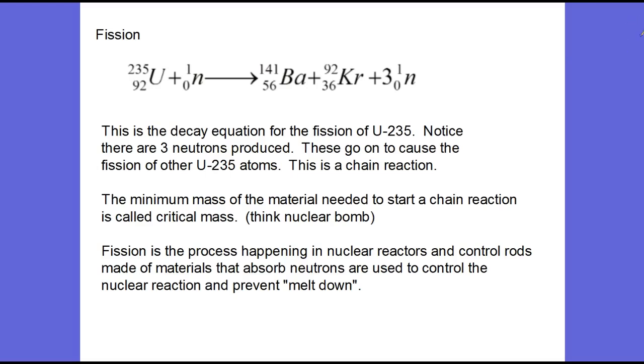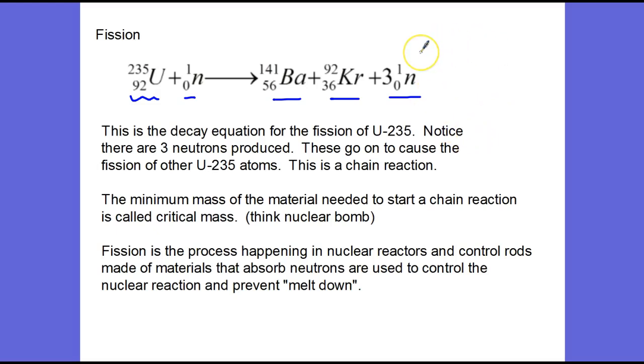Okay, fission happens when, as I said, one large nucleus, when bombarded with a neutron, breaks into 2 daughter nuclei and 3 neutrons. This is the decay equation for the fission of uranium-235. Notice there are 3 neutrons produced.